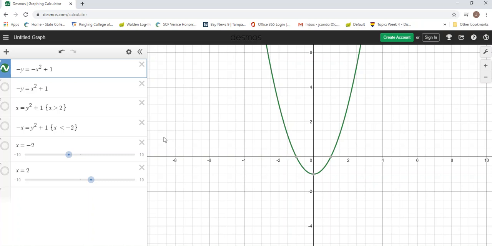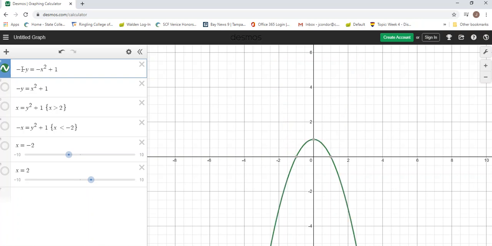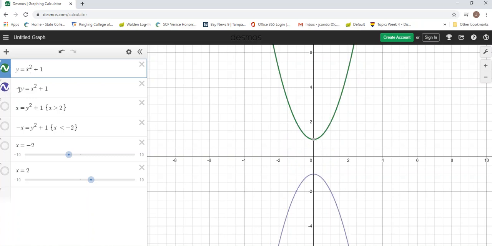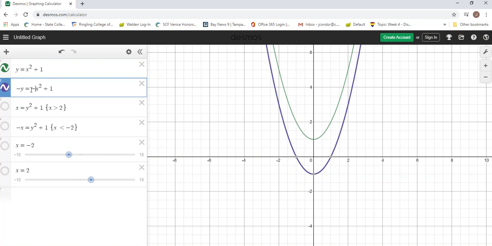So let's do the original. Okay, there's the original. And I'm going to put a negative here, so I can see both of them. So I put the negative in front of both of those.